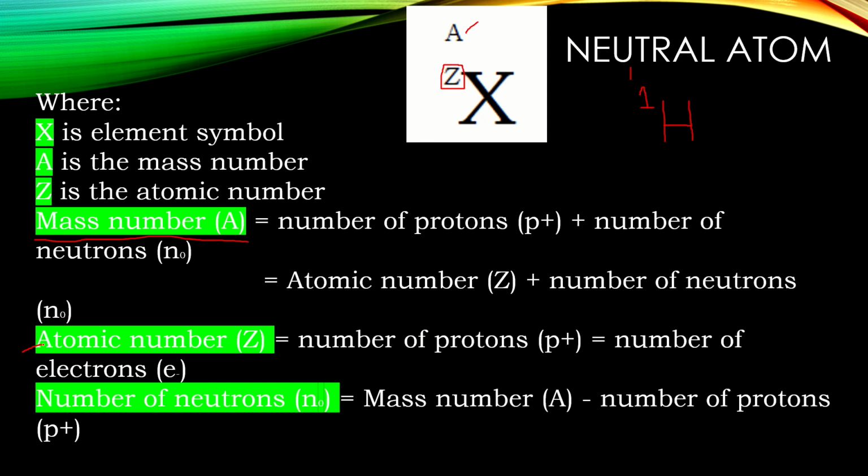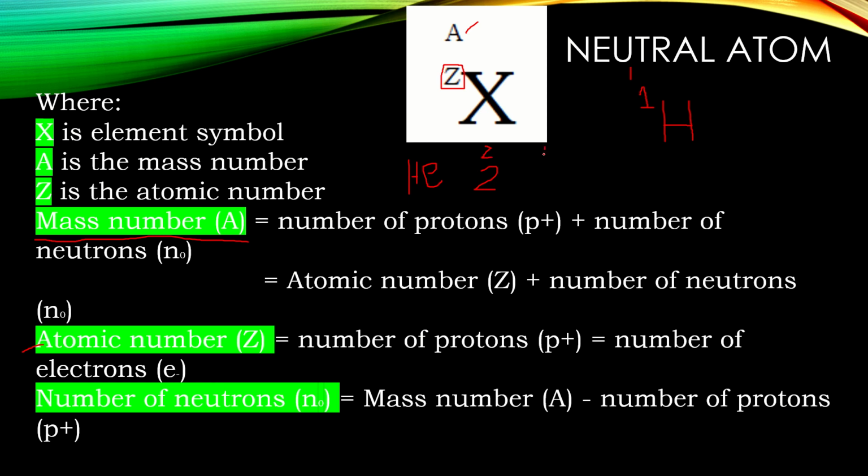For a neutral atom, the number of protons is equal to the number of electrons and equal to the atomic number. For example, we have helium. The atomic number for helium is 2. So here, we have atomic number is 2.